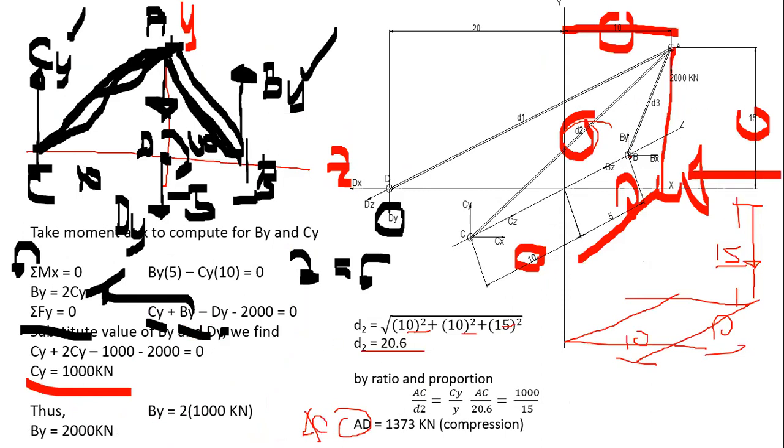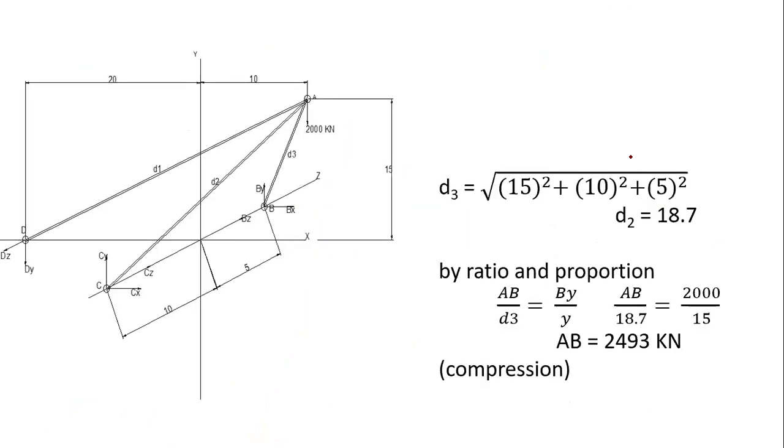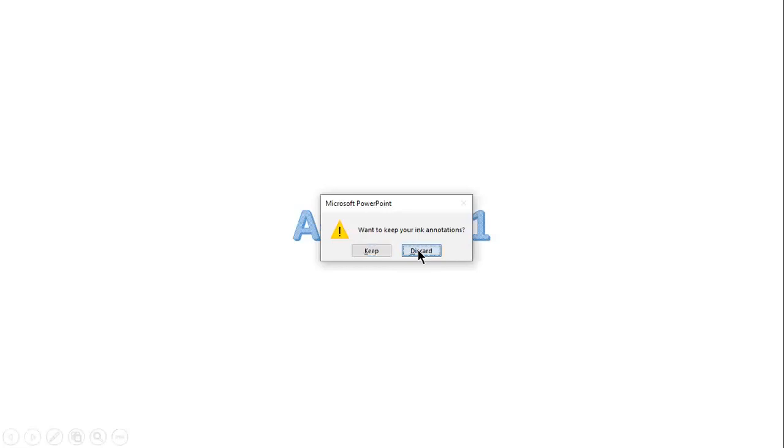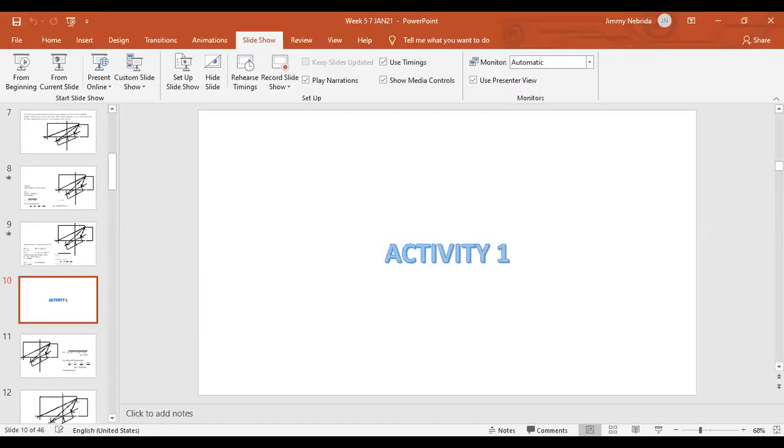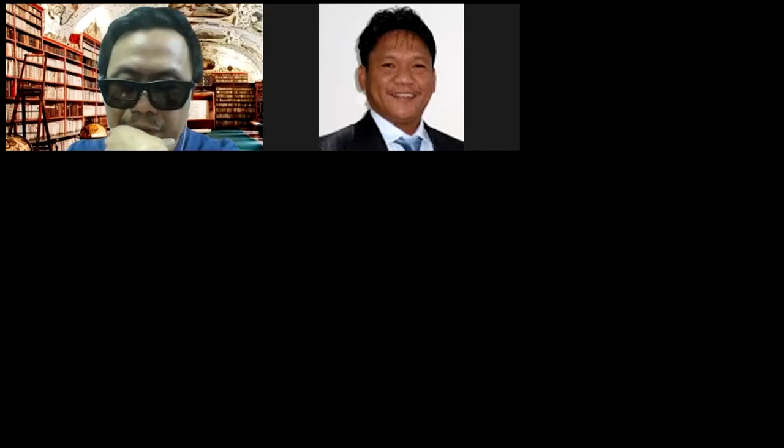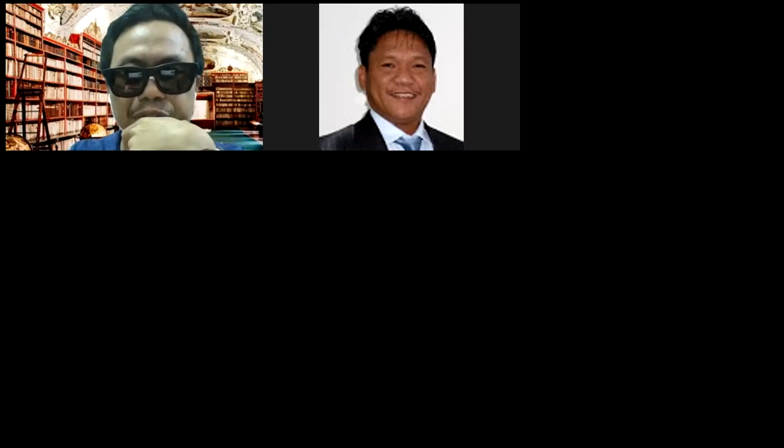Given na naman, AD is na-calculate na, and then the other one has been calculated as well. So, try nyo naman i-calculate itong AB. I'll give you 5 to 10 minutes. Check nyo sa classroom. Try nyo mag-exercise, okay? 5 to 10 minutes.